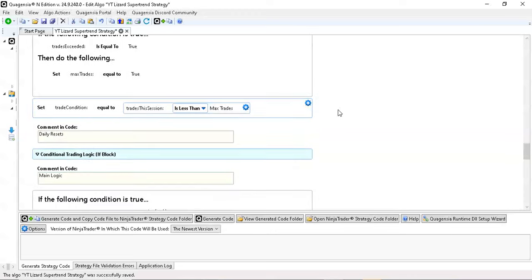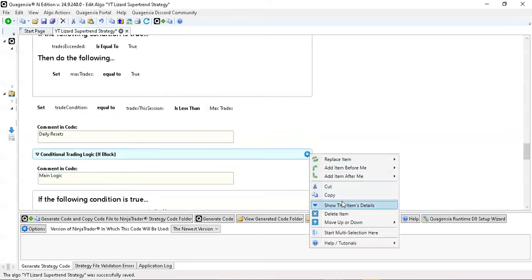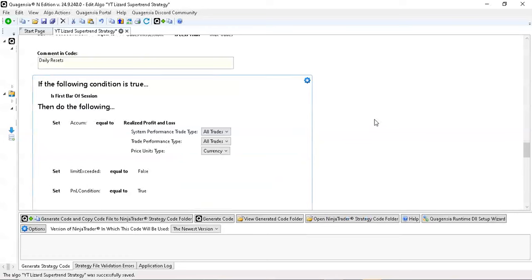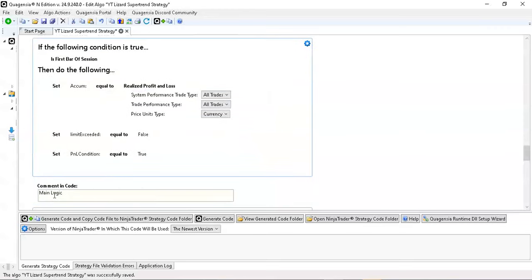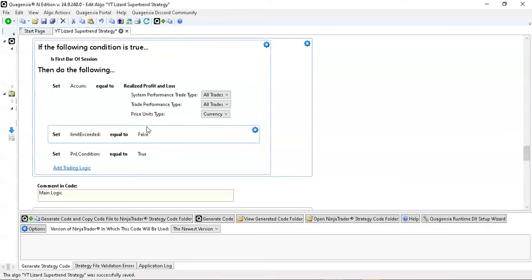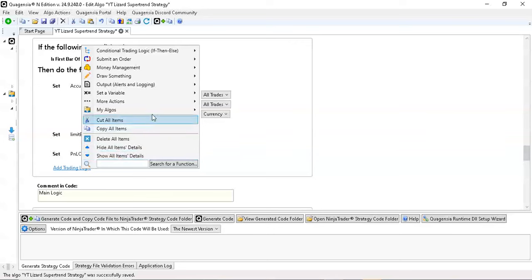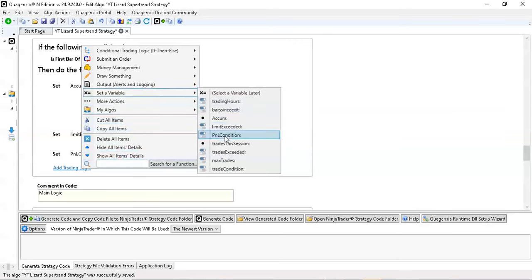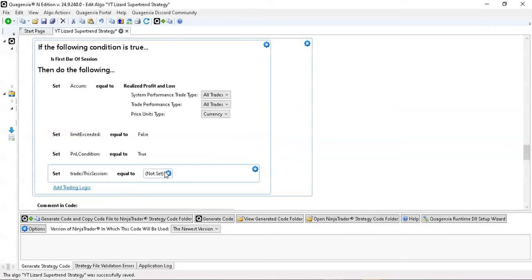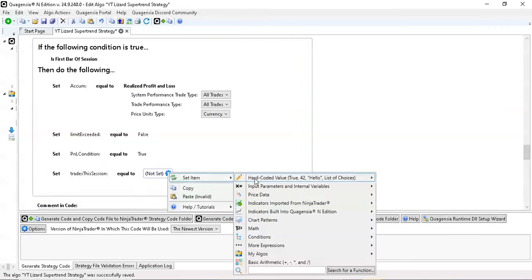All right, so what we also want to do, from the previous video when we set up the daily profit and loss, we set a conditional box to reset certain values at the first bar of the session. So with the max daily trades, I'm also going to do the same thing. So what we're going to do is add trades this session. Set that back to 0.